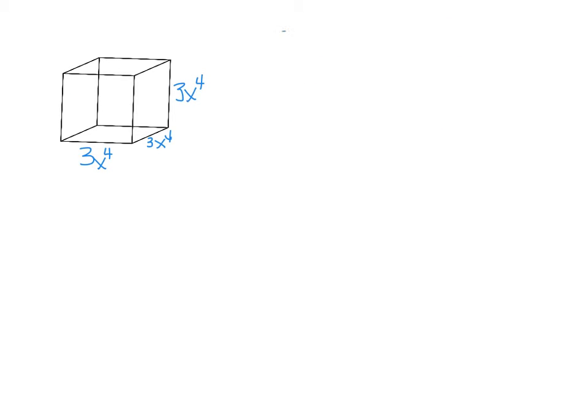So this figure is a cube, and it's like a rectangular prism, except all of the sides have the same length. Every single side here has the same length. So you could do the same thing that you did before, length times width times height, or for the volume of a cube, you can just take any side and cube it, because all three of them are the same.